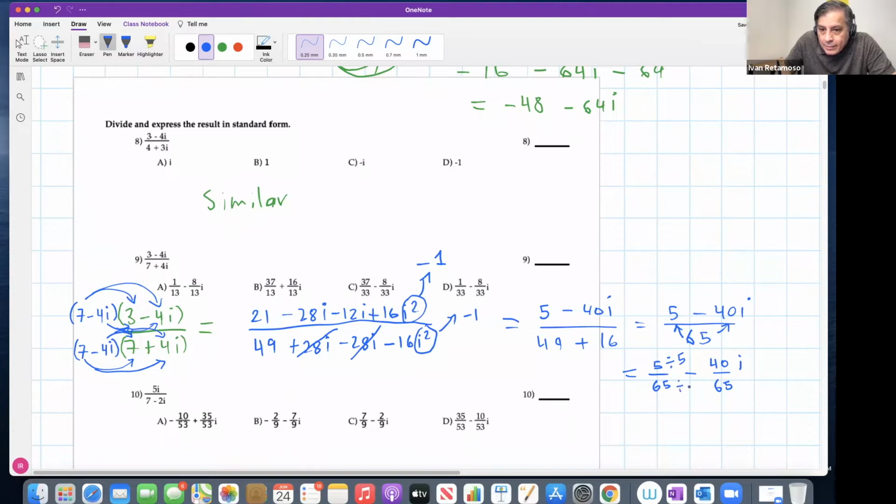Divide by 5, numerator, denominator, we will get 1 over 13. Minus divided by 5, 8 over 13, right? 5 into 65, 13. Okay. Yeah, you can use the calculator in case you don't remember that, right? Yeah, great. So this is it, right?